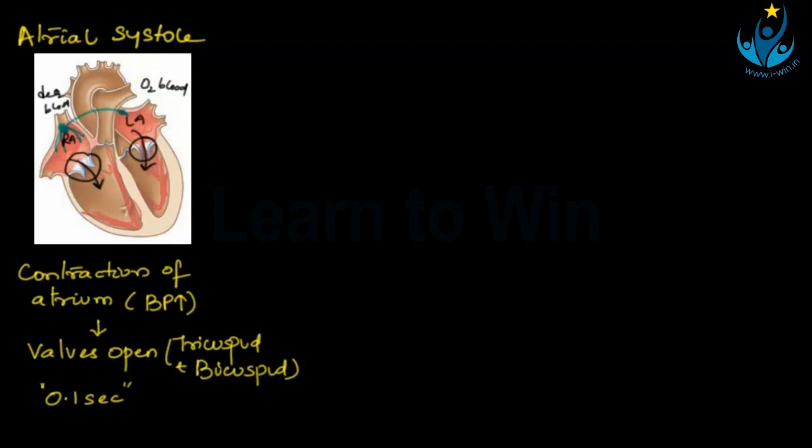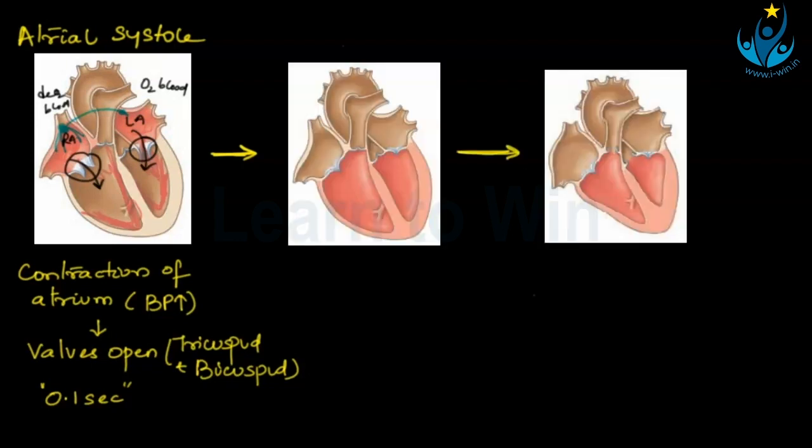Now after atrial contraction, the next step is the alternate contraction of the ventricles. Both these images that I have added belong to ventricular systole, that is contraction of the ventricles, but there is a slight difference. We'll call the first image 2A and the second 2B.